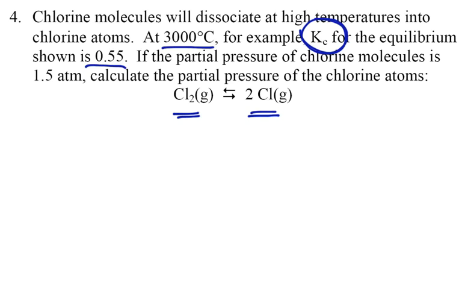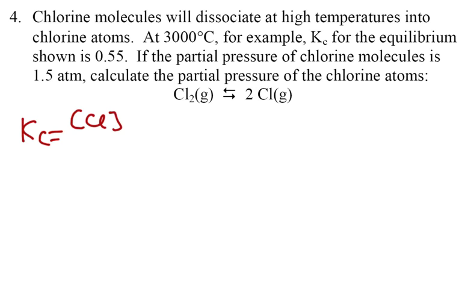At a different temperature, it'd be a different value. Now, if the partial pressure of chlorine molecules is 1.5 atmospheres, calculate the partial pressure of the chlorine atoms. Now, I can see, because I've been doing this forever, that if I were to have a problem where I say, here's my Kc, so let's go ahead and write that, equals the concentration of Cl squared over the concentration of Cl2, and there's nothing funny about this, equals 0.55.